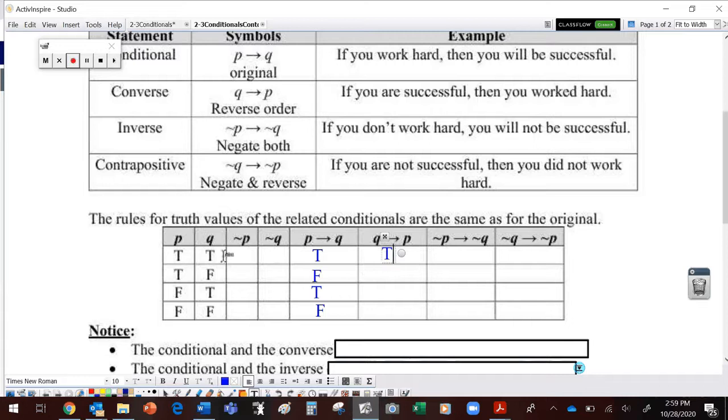Then I look at Q, then P. Well, the hypothesis is false, and if the hypothesis is false, it doesn't matter what the conclusion is, because the entire statement is going to be true. Then I look at the hypothesis being true and the conclusion being false. This is the scenario where the entire conditional is false.